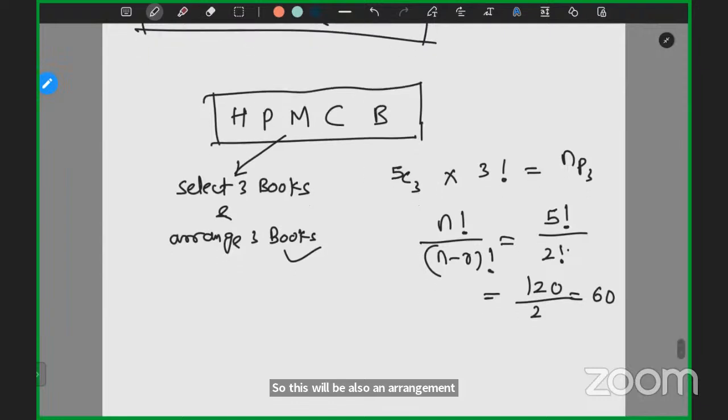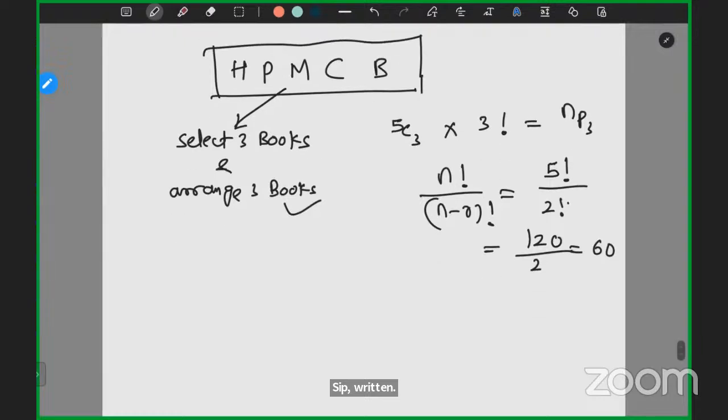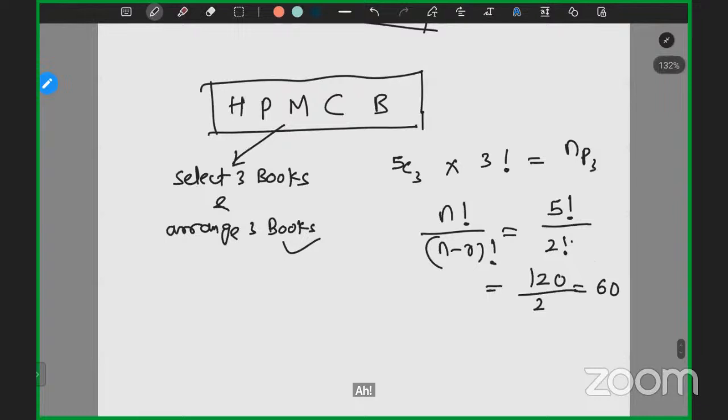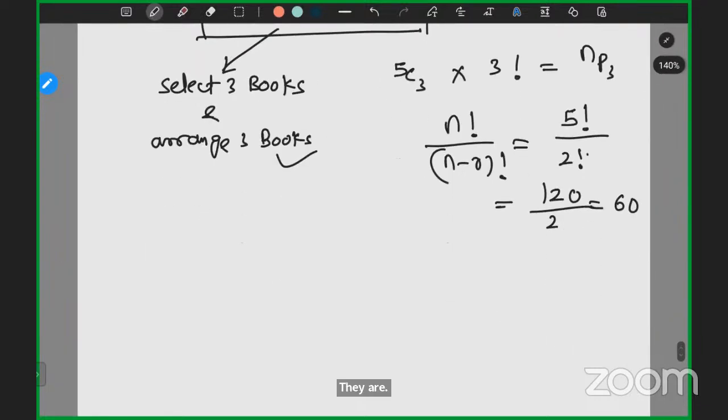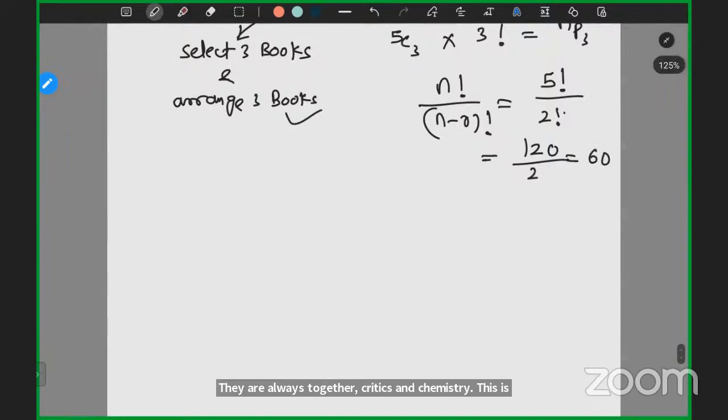No books in between them, always together. Yes, that is an arrangement. Okay, I'll take that example as well.